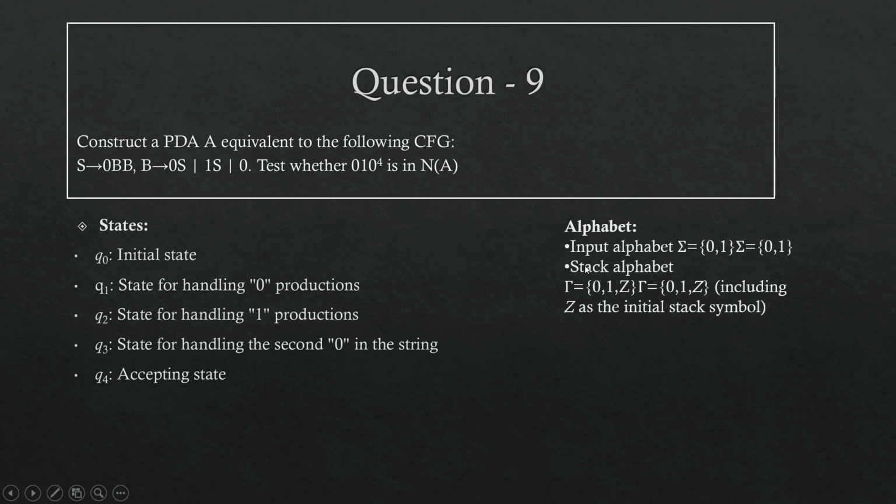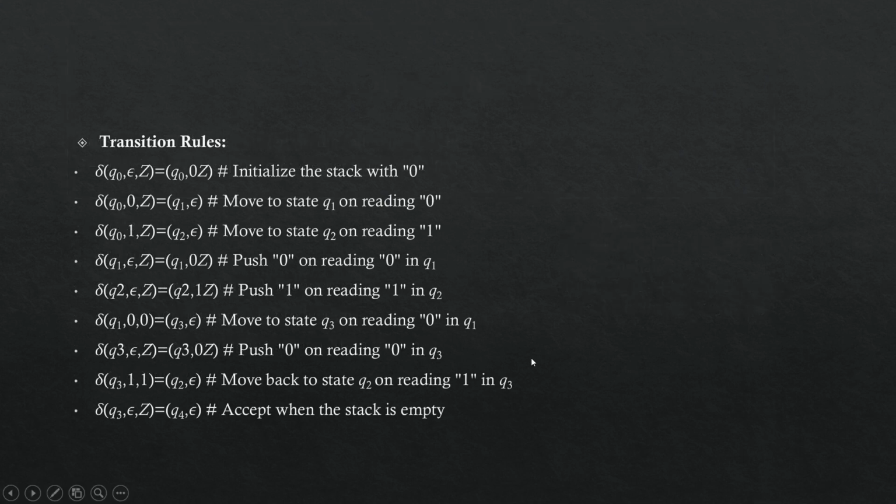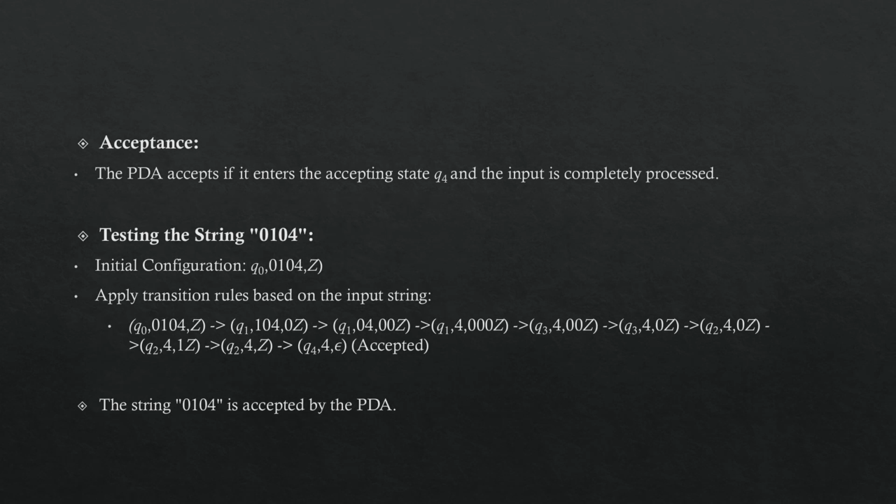These are the alphabets. Input alphabets are 0 and 1, and stack alphabets. Here Z is the initial stack symbol. These are the transition rules for the push-down automata. The push-down automata accepts if it enters the accepting state Q4 and the input string is completely processed.